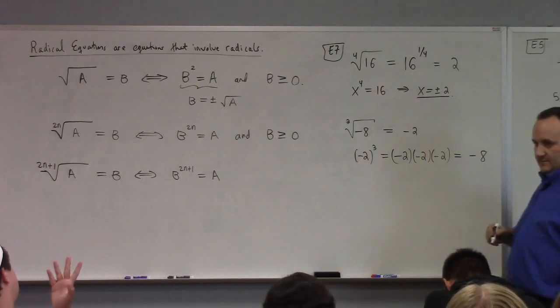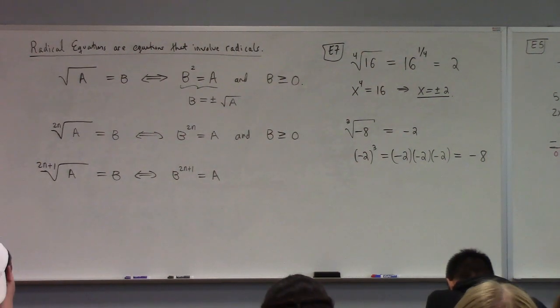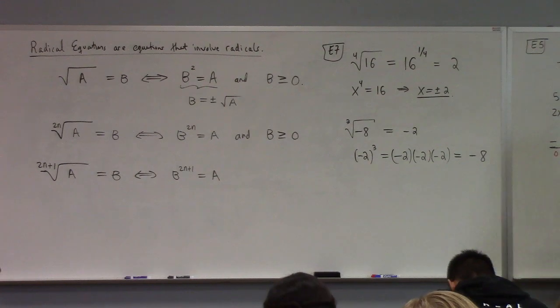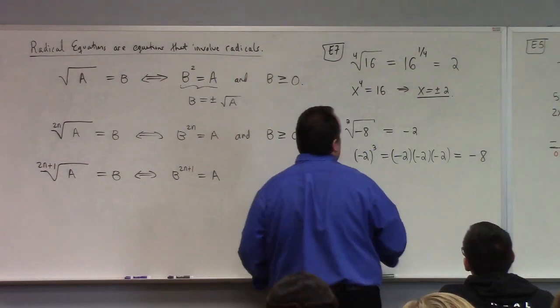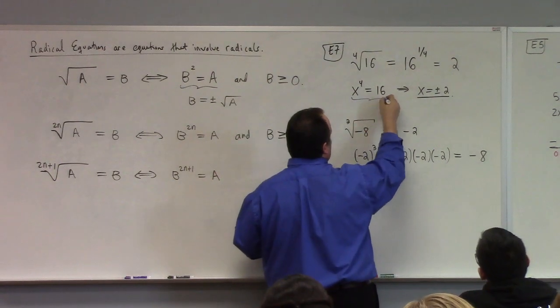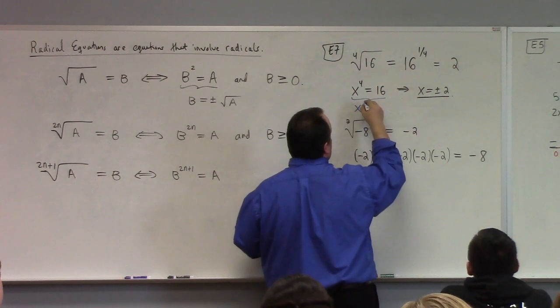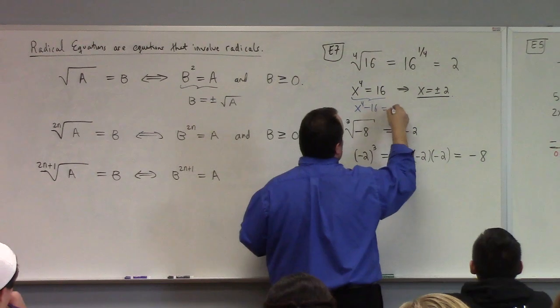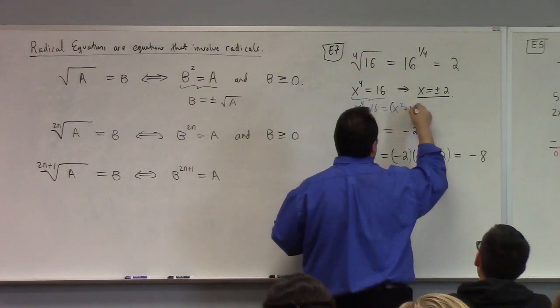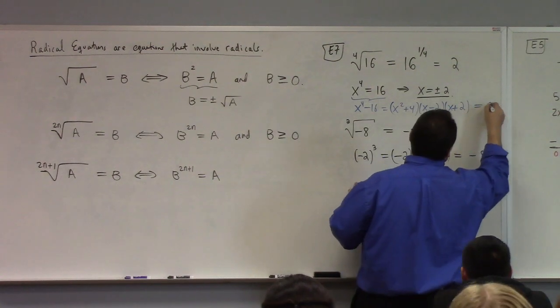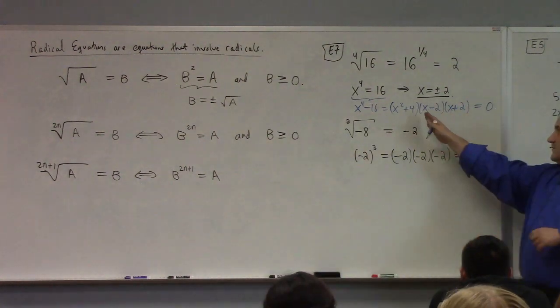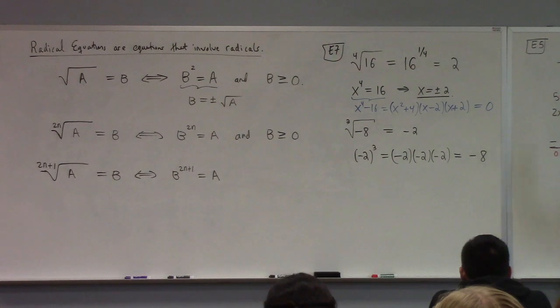And the reason that there was x equals plus or minus 2 up there is because this factors to x to the 4th minus 16, which is x squared plus 4 times x minus 2 times x plus 2 equals 0, you see? And so there were just two real solutions there, 2 and minus 2.